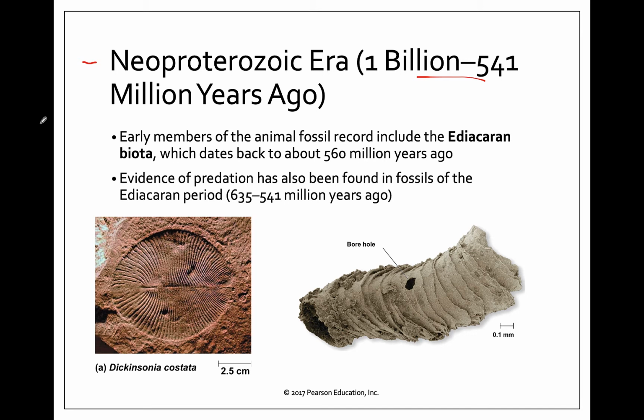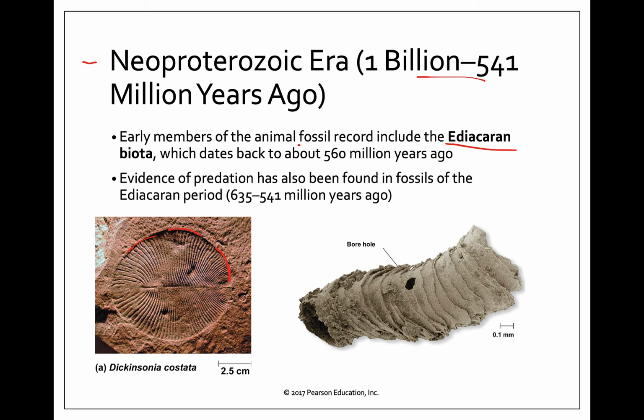So the very first animals that we can find fossils of are typically called the Ediacaran animals. And this was 600 to 500 million years ago. So here's an example of a fossil of an Ediacaran animal.